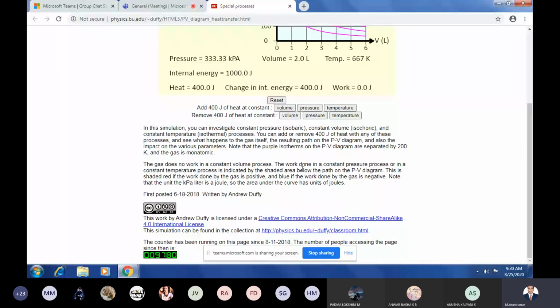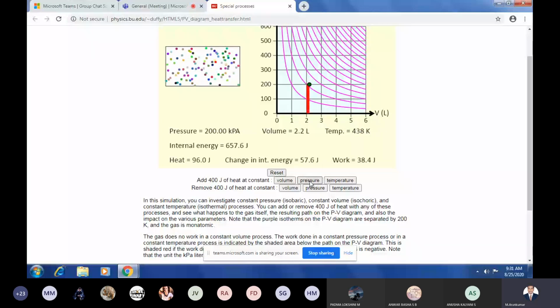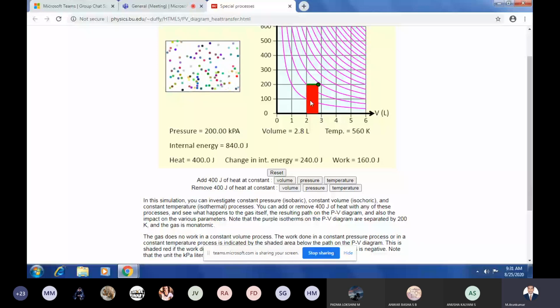The work done in a constant pressure process or in a constant temperature process is indicated by the shaded area below the path on the PV diagram. So we can easily calculate the work. For example, in a constant pressure process, we have this red shaded area.